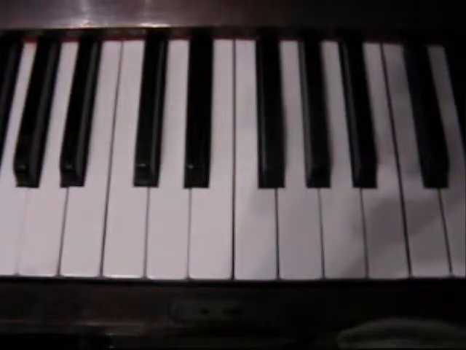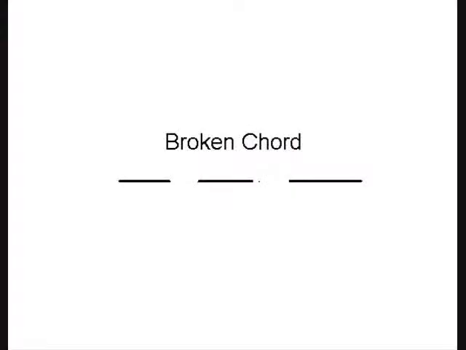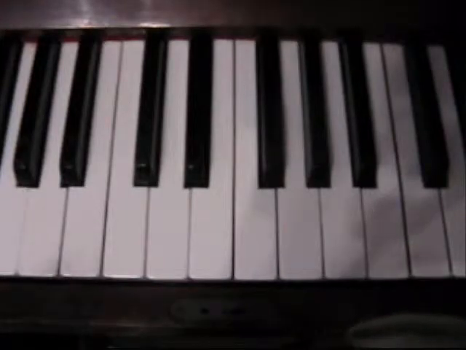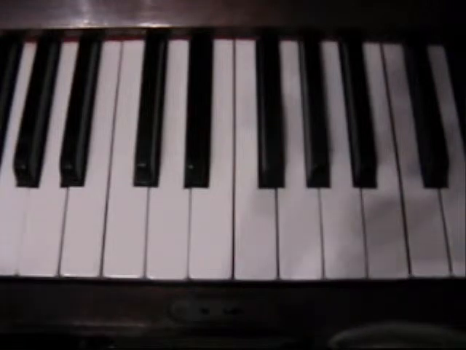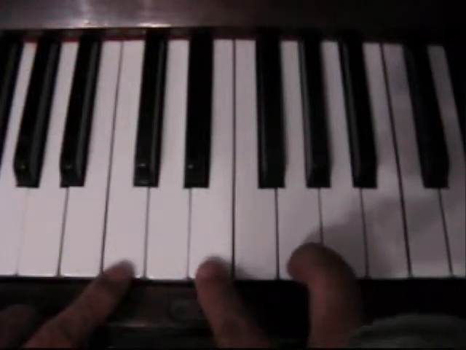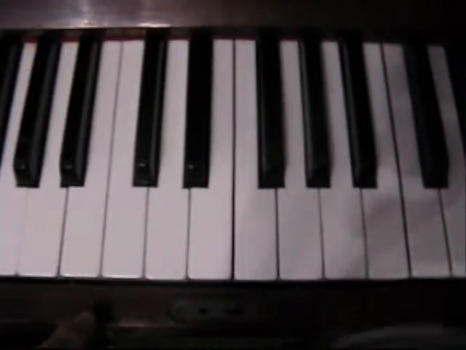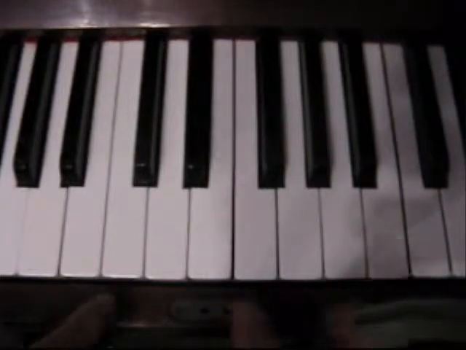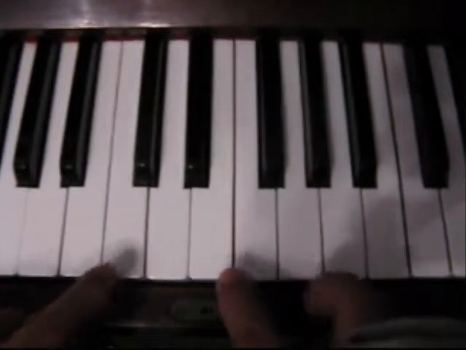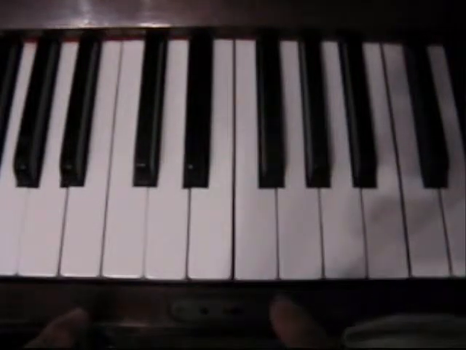Now, a broken chord is a chord that is broken, like a glass that is broken and turned into different pieces. If you broke a chord, it would sound like this. That is a broken chord. From a whole chord, it becomes a broken chord.